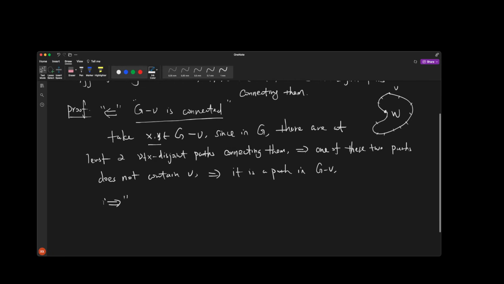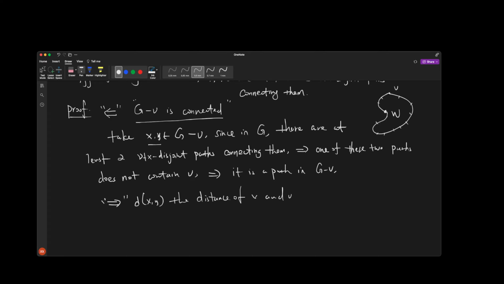So let me show this. It's a kind of induction. But before that, let's make a small definition. We define d(x,y) for two vertices. It basically is the distance of x and y.